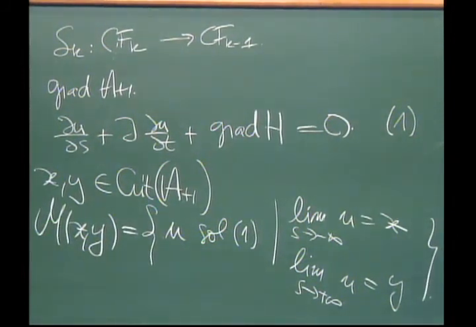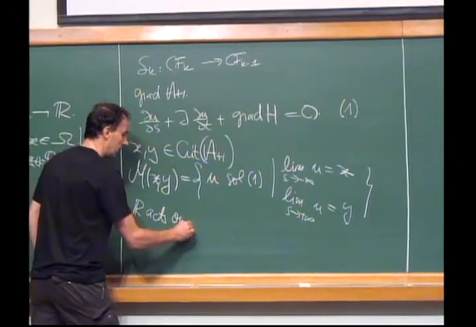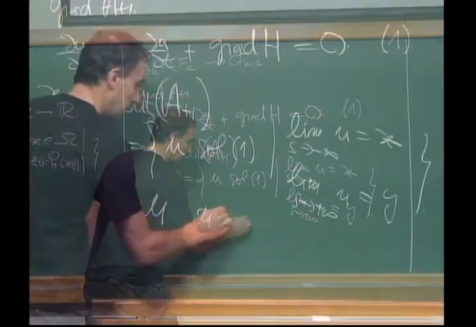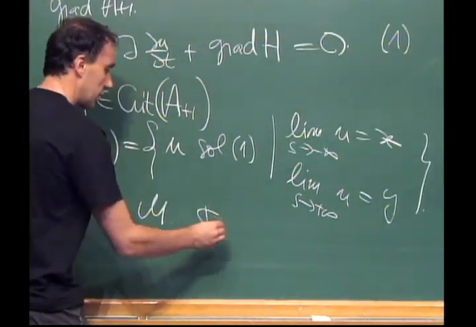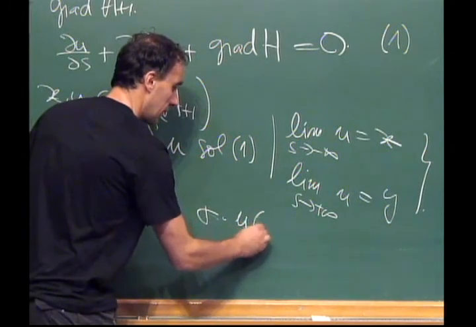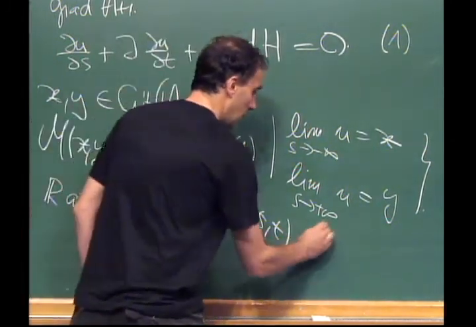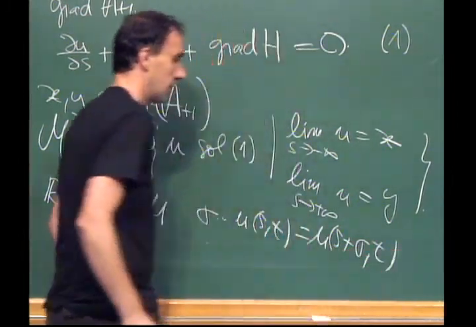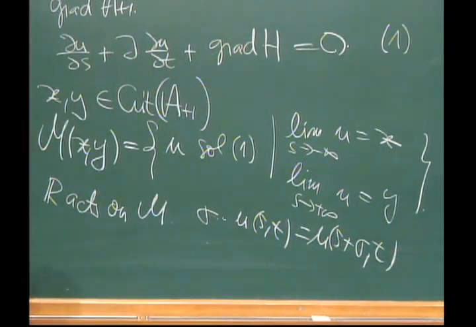So let me emphasize that R, of course, acts on M, because if u is a solution, then just translating by a real parameter, we still get a solution.